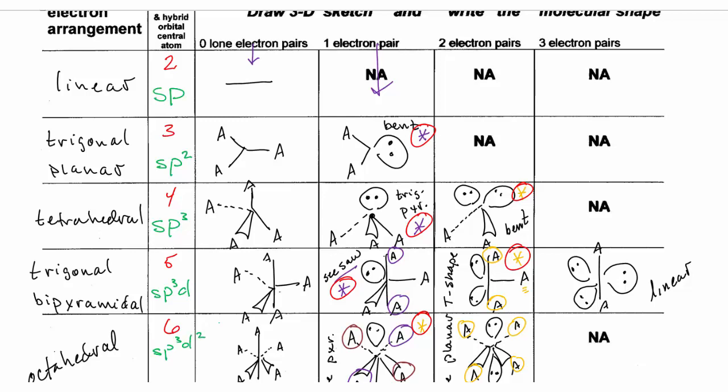Now, how do I remember these so easily? Trick to this is just adding up the superscripts. We never write ones, but the superscripts always have to add up to be the total. So 1 and 1 is 2. Here, 1 and 2 is 3. 1 and 3 is 4. 1 and 3 is 4, and 1 is 5. And 1 and 3 is 4, and 2 is 6. Remember, there's only one s orbital.